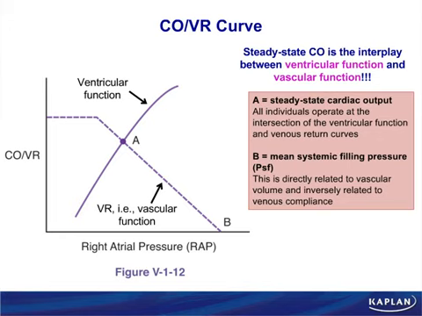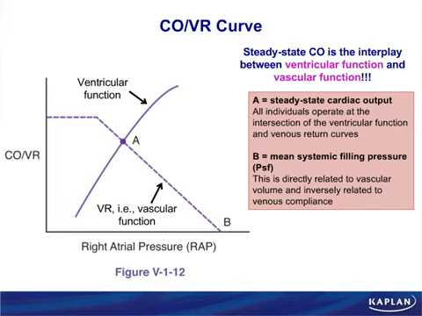Now here's the key. Here's the other big key to this graph. Point A, notice that is where ventricular function and vascular function intersect. So point A on this graph is always steady state cardiac output. The ventricular function line is not cardiac output per se. It is ventricular function.